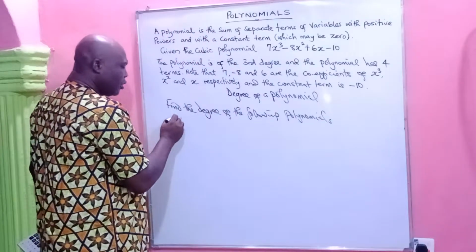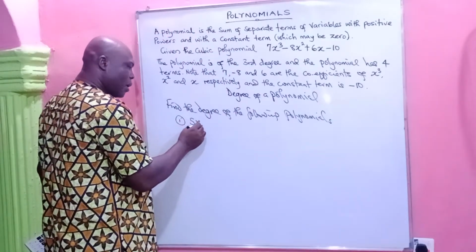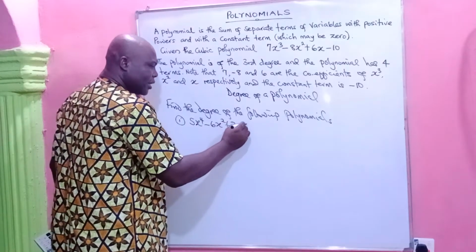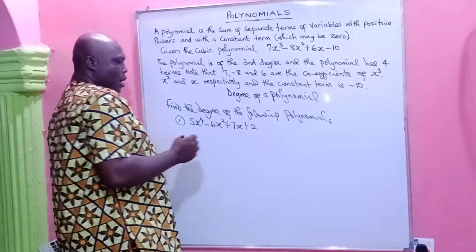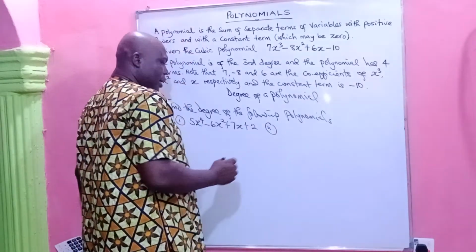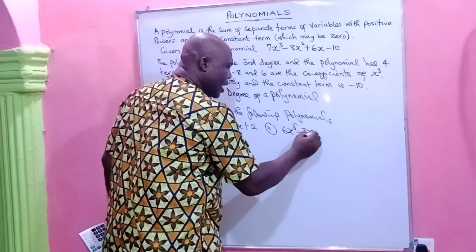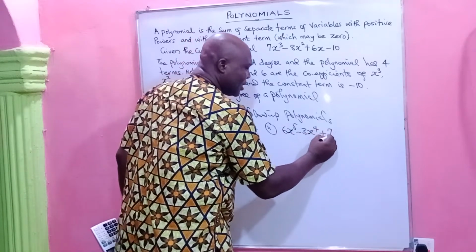Alright, the first polynomial could be 5x⁴ − 6x² + 7x + 2. The second is 6x⁵ − 3x⁴ + 7x.